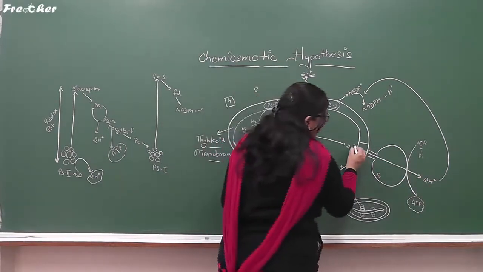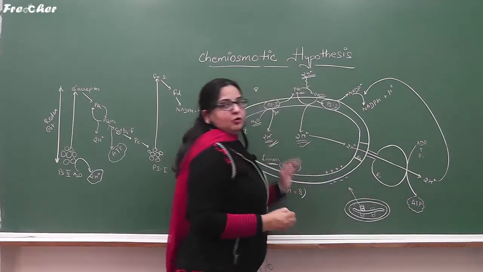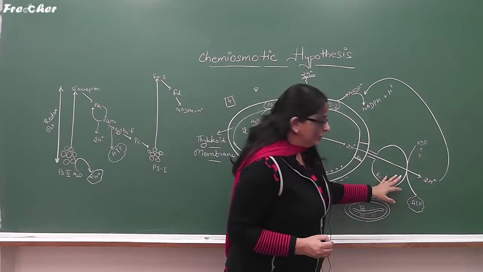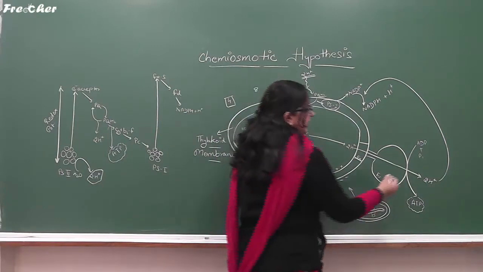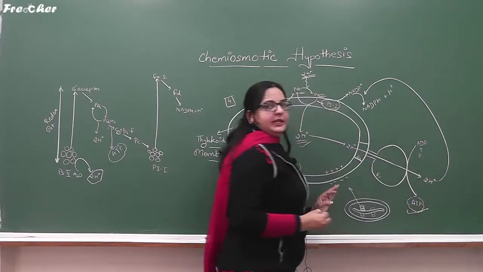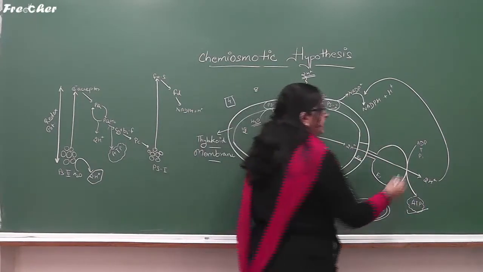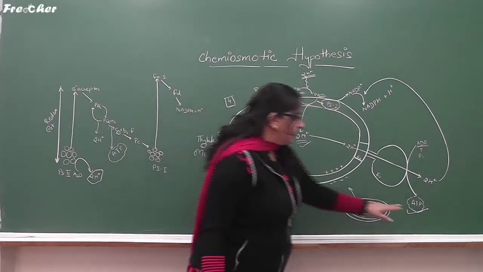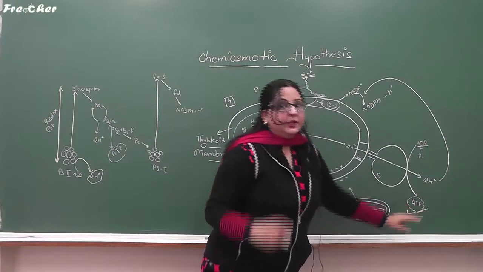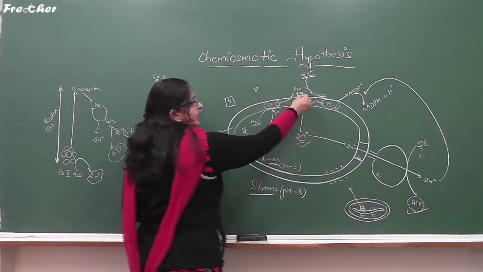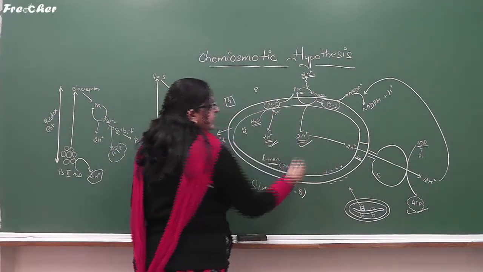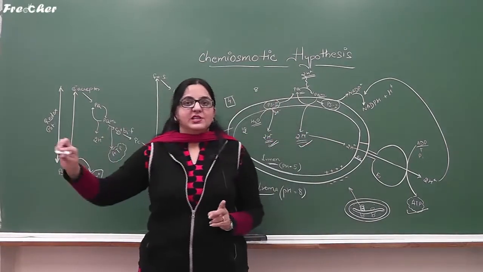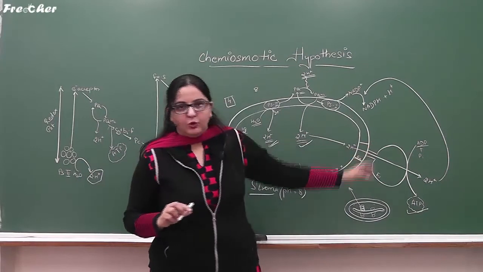From F0, the protons pass towards the stroma, and when they cross the F1 subunit, it forms the ATP molecule via the phosphorylation of ADP. Now the ATP molecule generates here. It generates due to the proton pump and these protons which are passing towards the stroma.